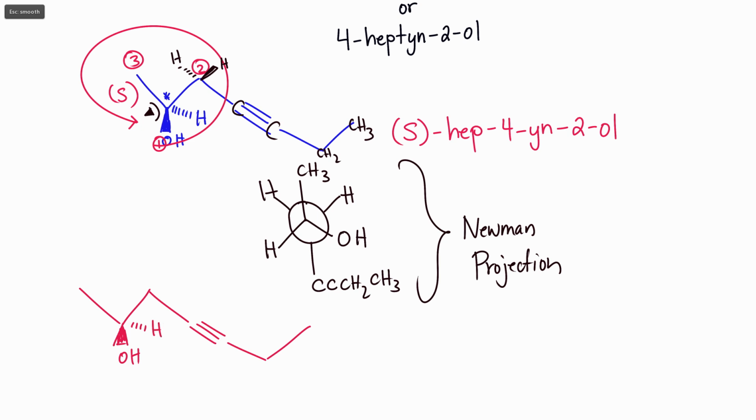So, the Fischer projection, if I looked at it head on, I would have OH going down, H at the top, CH3 over here, and then this would be CH2, C, CH2, CH3.